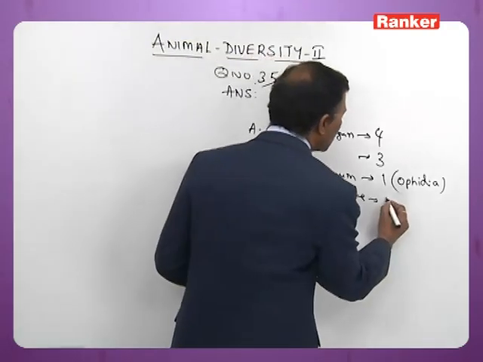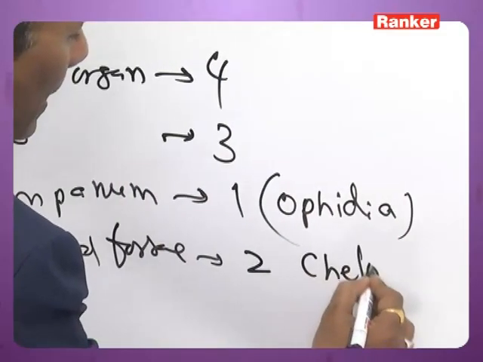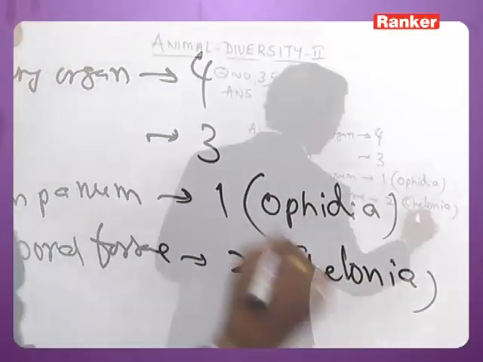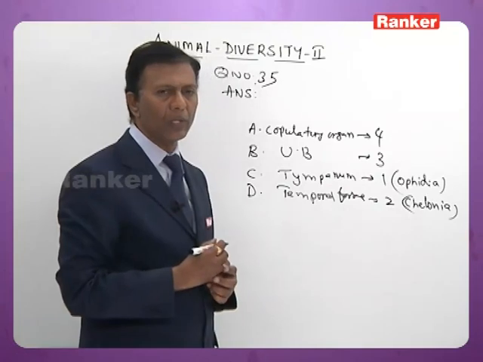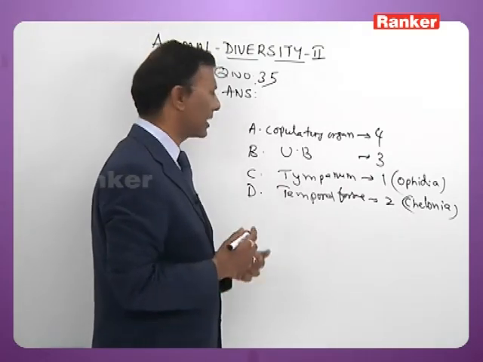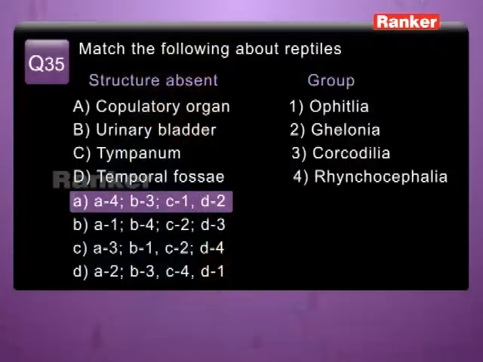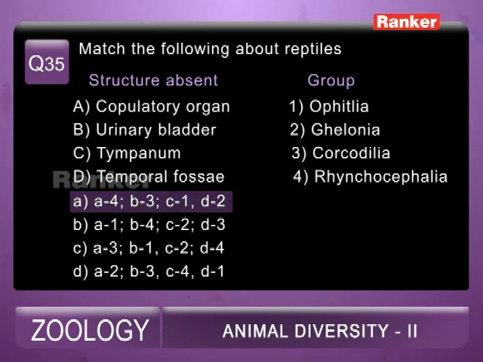So the second option is correct here. Turtles and tortoises belong to Chelonia. So the correct answer is A4, B3, C1 and D2. So the correct answer among these is A.